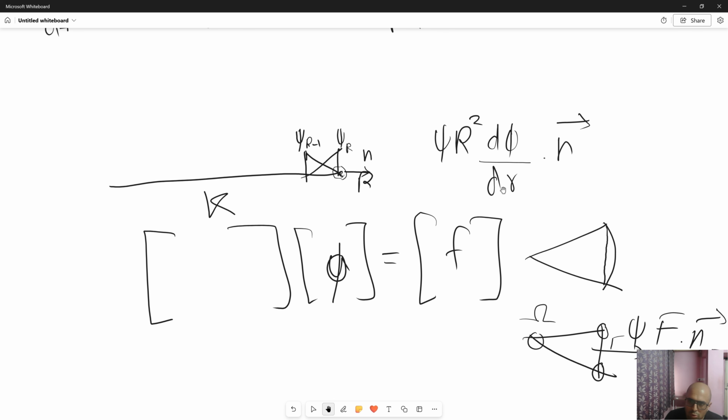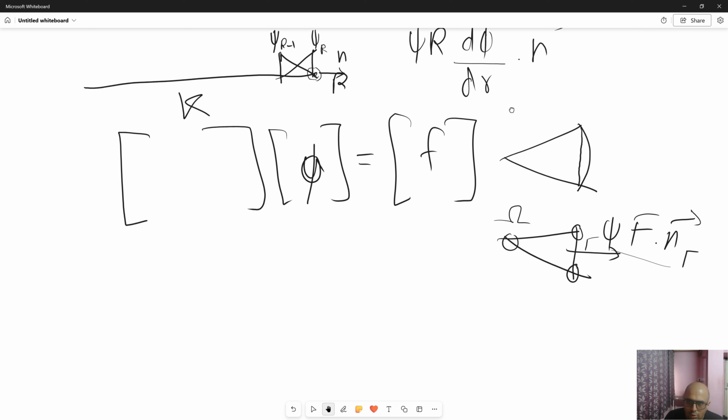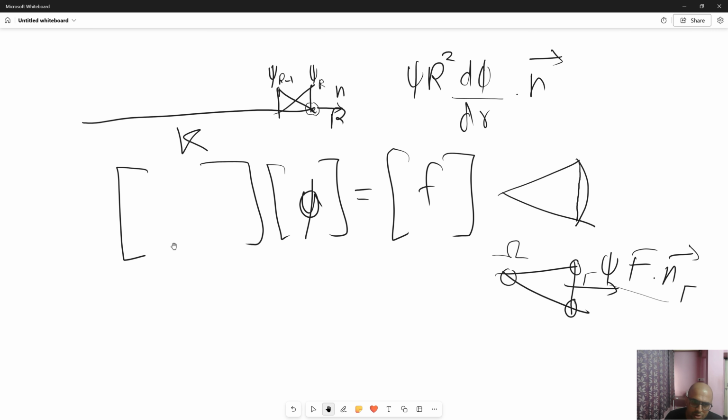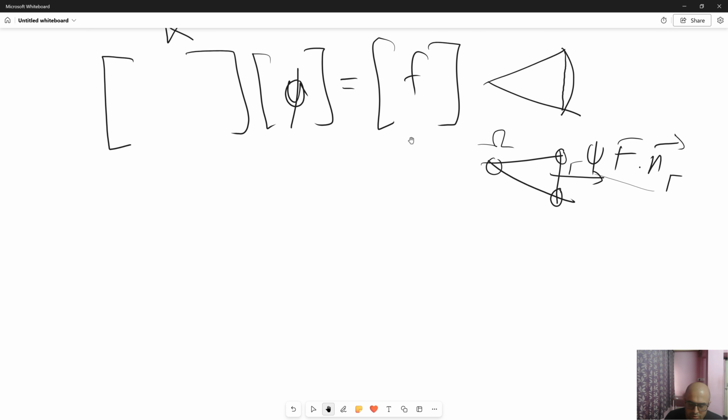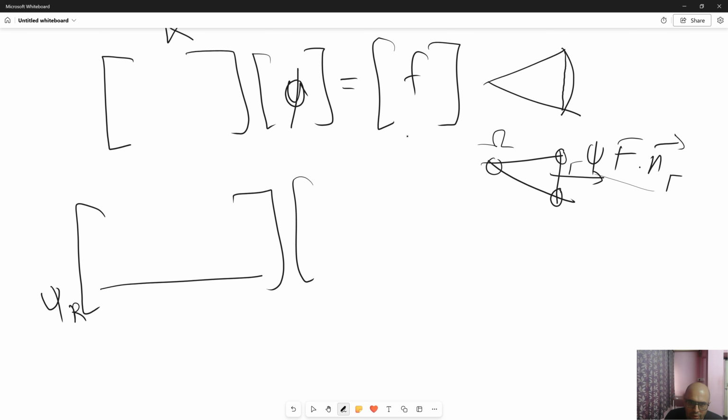And so since you have an unknown here, you have to bring this unknown into the stiffness matrix. In this 1D case it is very simple. In your stiffness matrix, this final row is multiplied by your test function psi r, and here you have psi r at the end.